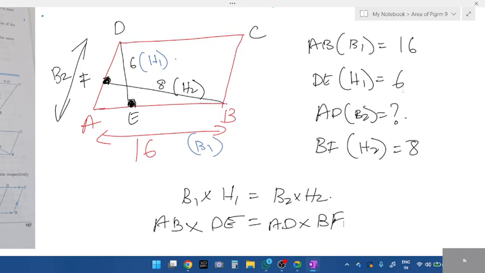So you need to use B1 H1 is equals to B2 H2. In place of B1, I've written AB, DE, AD, BF.